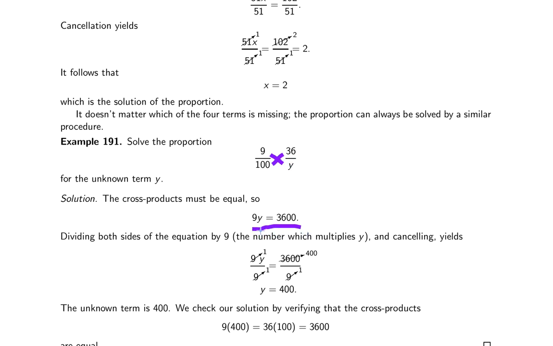So 9y, the first cross product, is equal to 3600, the second cross product. We're looking for 1y, so divide both sides by 9. So if this is true, then dividing by 9, this is true. And if you do the division, 9 goes into 3600 400 times. So the y we're looking for is 400.